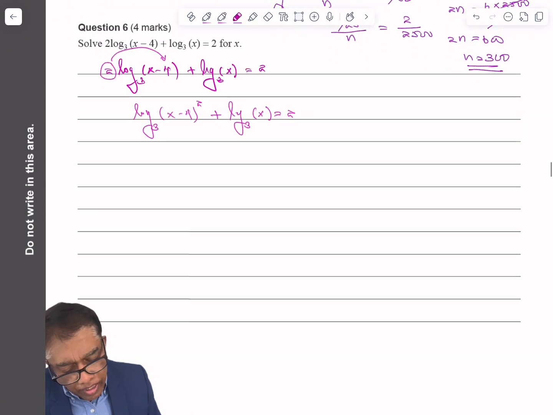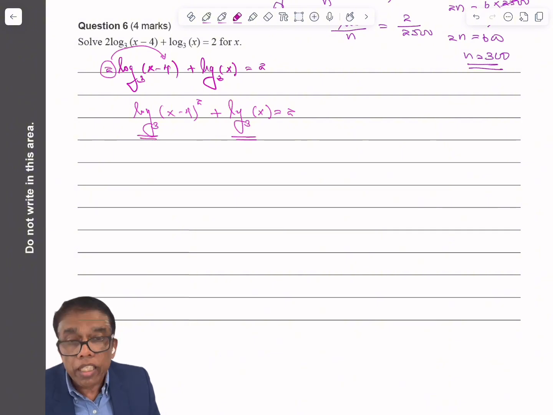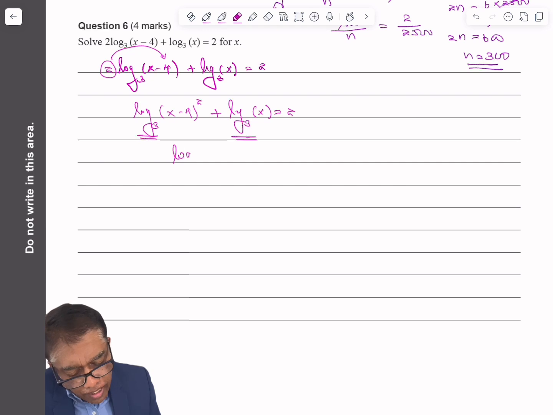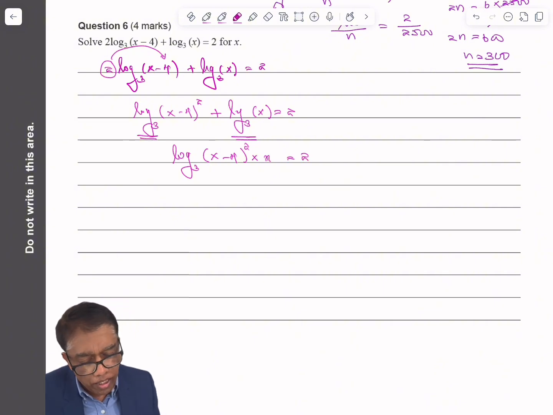Now, there is an addition of two logs with the same base. It can be written as log base 3 of (x minus 4) to the power of 2 times x is equal to 2. Addition can be written as multiplication.